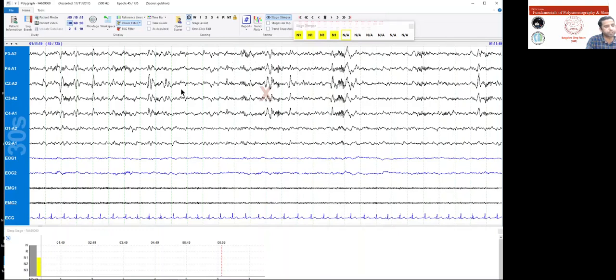If you are talking about the first half, 15 seconds before and after, this is a spindle, this is a spindle, this is a spindle. This one is a little spindle; we cannot be sure since the amplitude is not that much, but the frequency is similar to a spindle, so it may also be a spindle. So spindles are present on both sides, right?